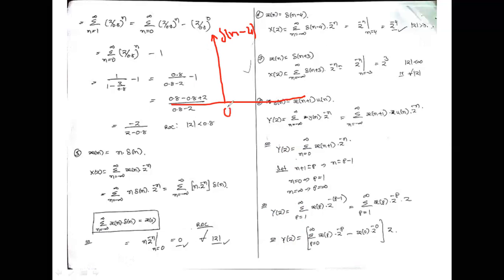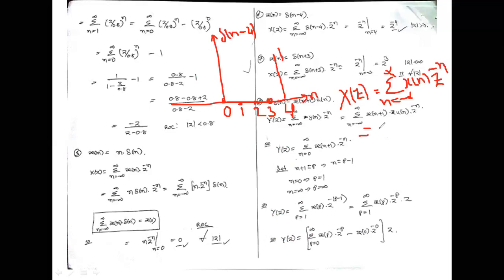So now all the values 0, 1, 2, 3 are 0, because it is shifted by 4. At n equal to 4, the value is 1. Okay. Now, in the definition of X of z, for delta of n minus 4, sum of n equals minus infinity to infinity of x of n z power minus n.